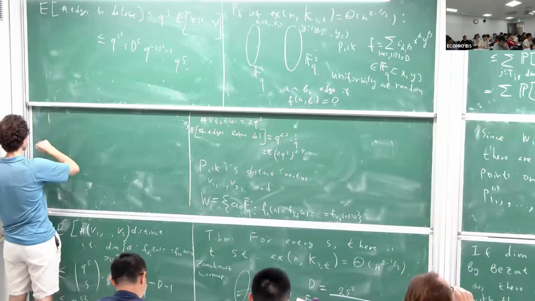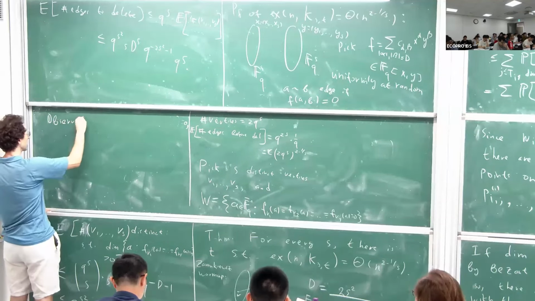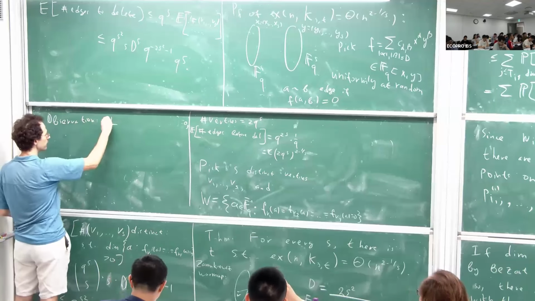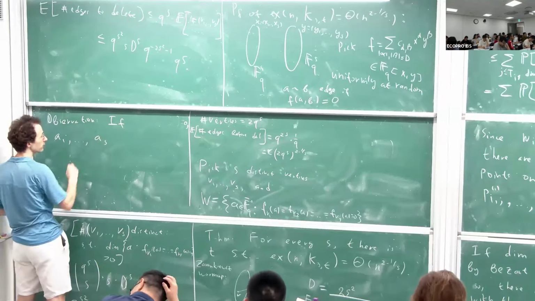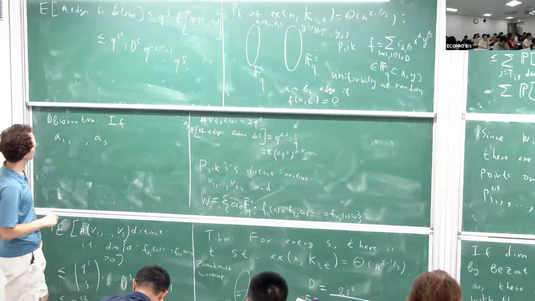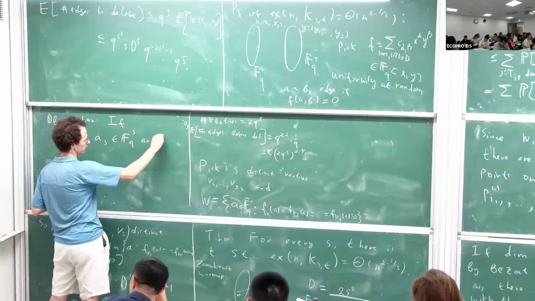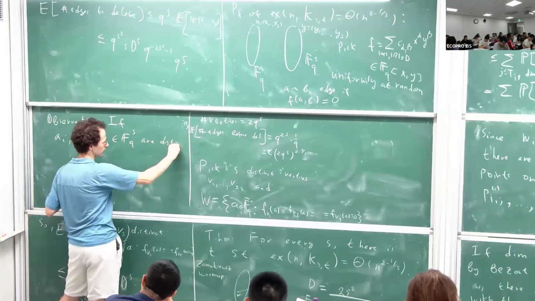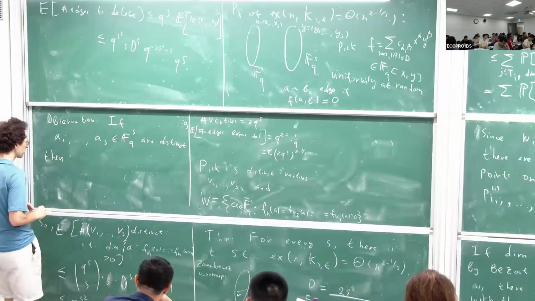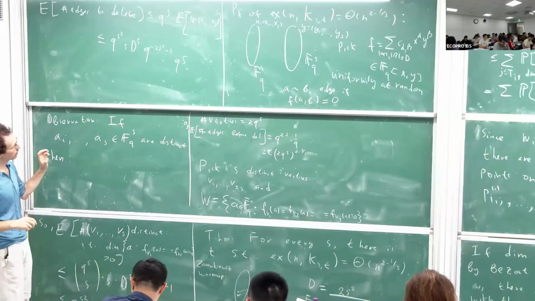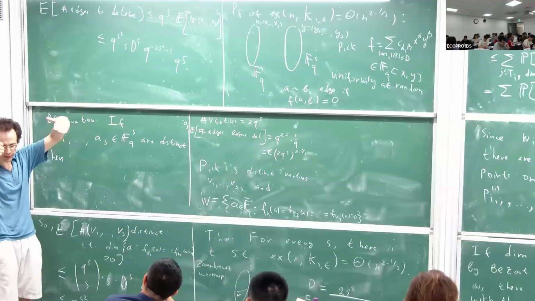So the key observation is that if I have S distinct vertices on the left, then I look at the polynomials in Y on the right-hand side which they induce.